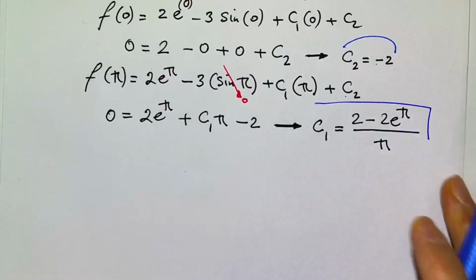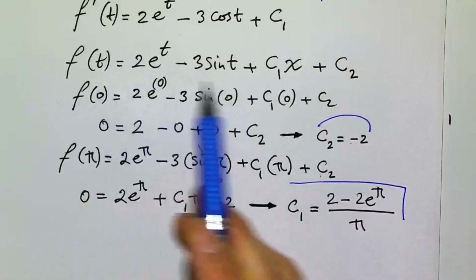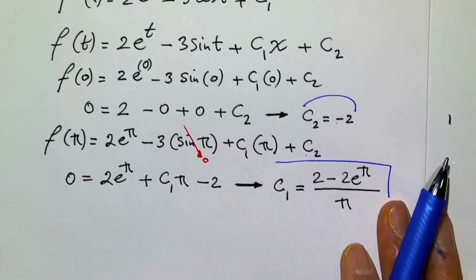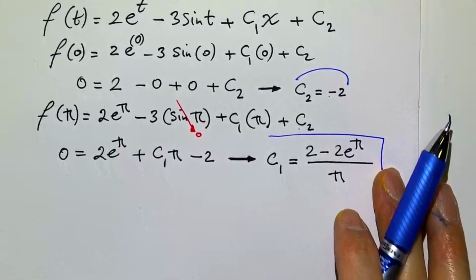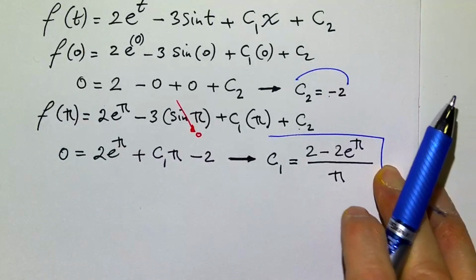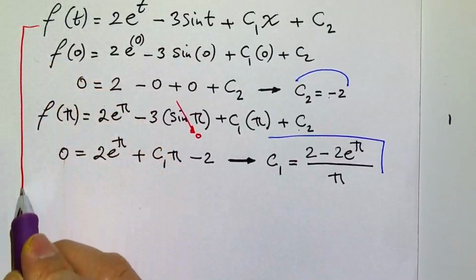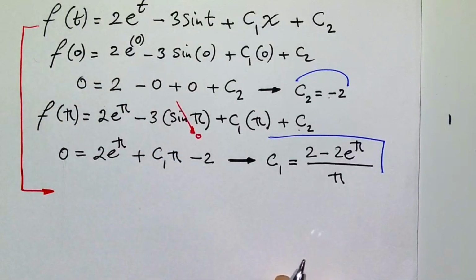Therefore, we can write this original antiderivative with c1 and c2 included. So let me do that. Okay, good. You can see both of them on the screen now. So I can now bring this down and rewrite it.